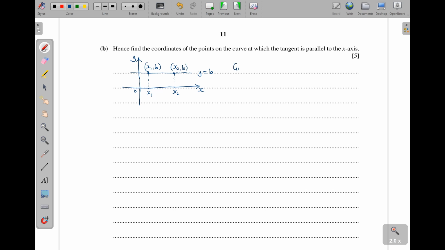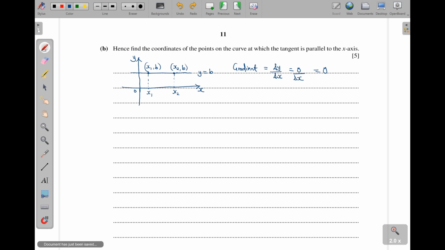Now, when I'm finding the gradient, it is going to be equal to the change in y over the change in x. You can see that the change in y is b minus b, which is actually going to be 0. But the change in x is there because we have x2 that is different from x1, okay? So that means the gradient of a line that is parallel to the x-axis is always equal to what? 0. Or you can get the numerator and you equate it to 0.